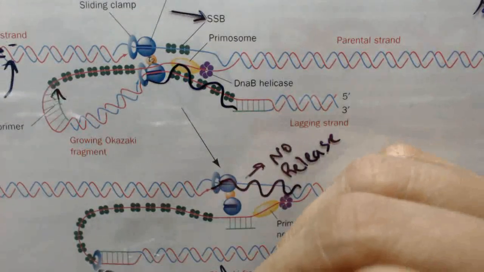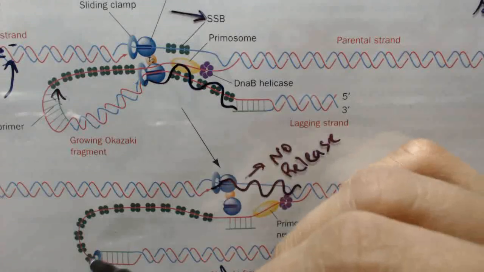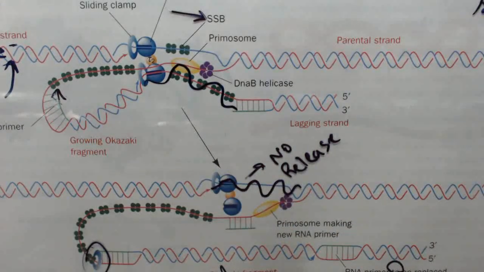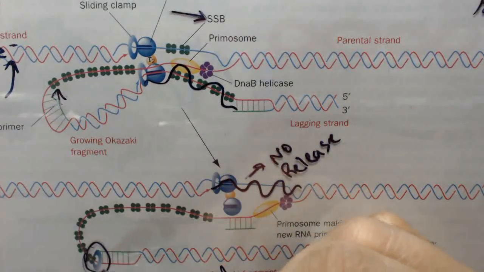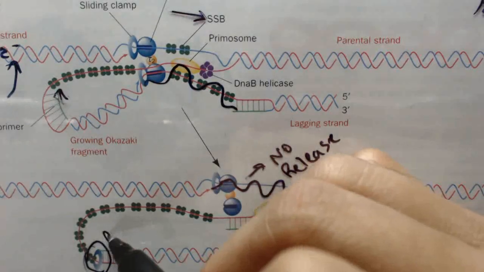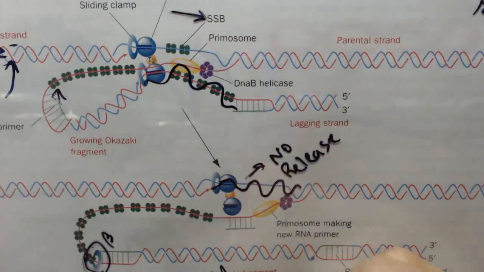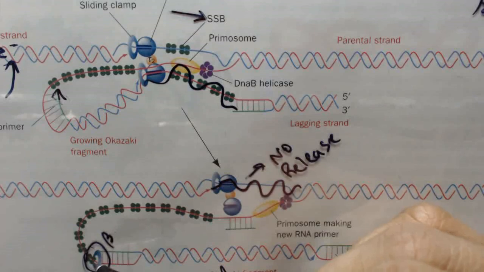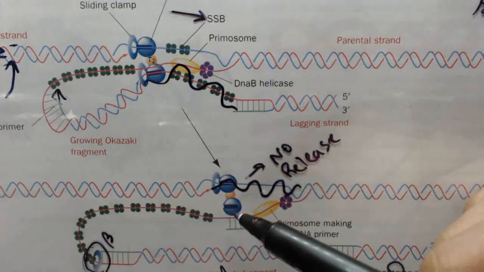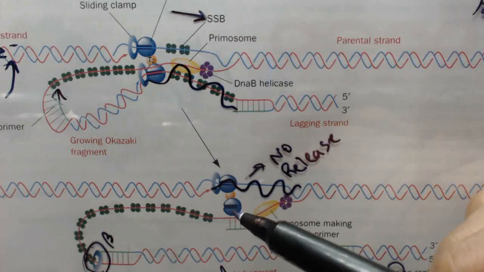They take that primer here, and a clamp loader protein comes in and loads itself there. I mean, this is the beta clamp, not clamp loader, actually beta clamp protein that loads itself first to the single stranded DNA here. And then the clamp loader protein helps this beta clamp to load and attach with this subunit of DNA polymerase 3.